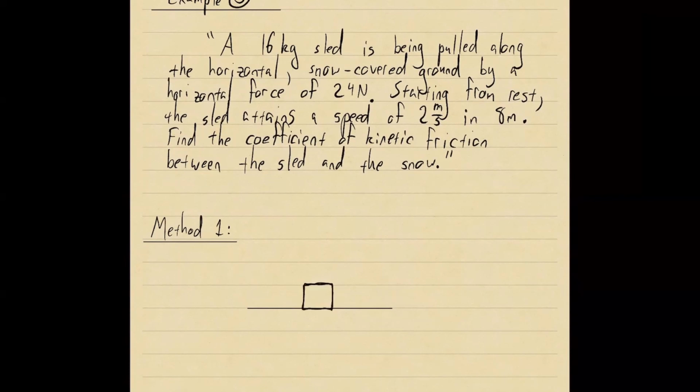We're going to draw our x-axis parallel to the ground like this. Our vertical axis is going to be our y-axis. Now we're going to draw on our forces. So there's the normal force of the snow pushing up on the box.